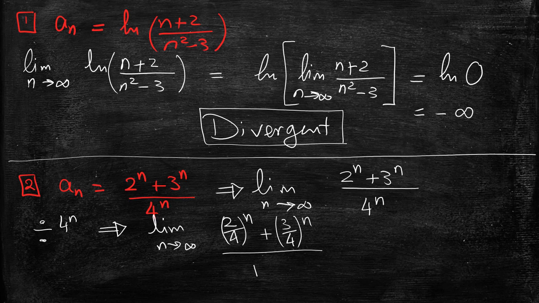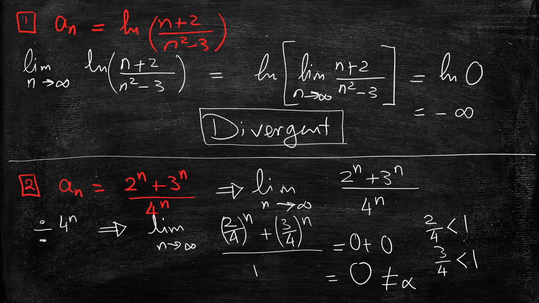Each one of them, 2 over 4, is less than 1. 3 over 4, of course, is also less than 1. So by the limit properties, this will give us 0 plus 0, so this will be 0. Again, this value is not equal to infinity. So this means this sequence converges to 0 at the end, which is a value rather than infinity.